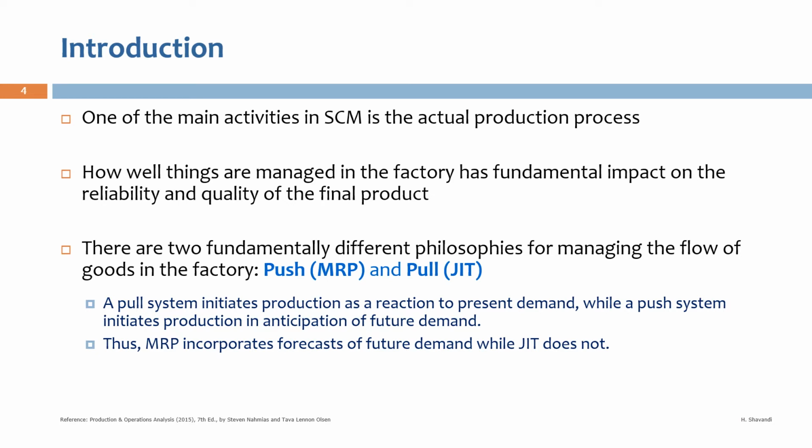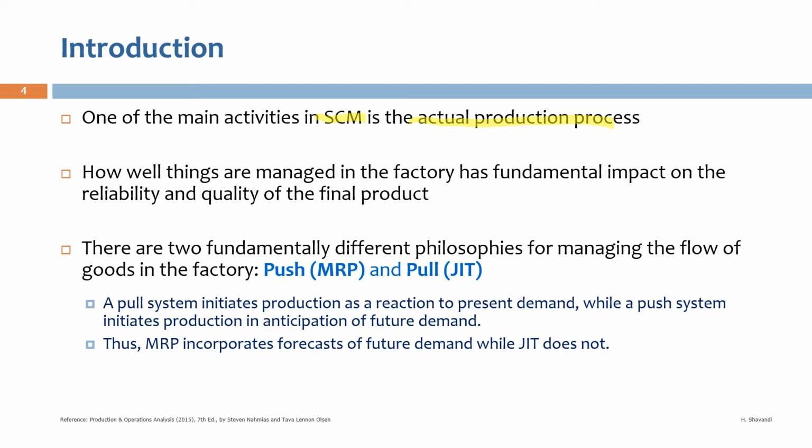I can say almost all the chapters that we have in this course are in the area of supply chain management, or SCM. So in supply chain management, one of the main activities is the actual production process, and the flow of goods and material in the production process will have significant impact on the quality and the quantity of the finished products.